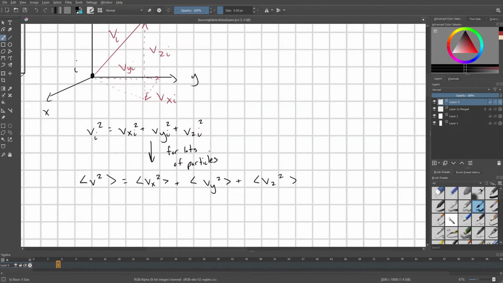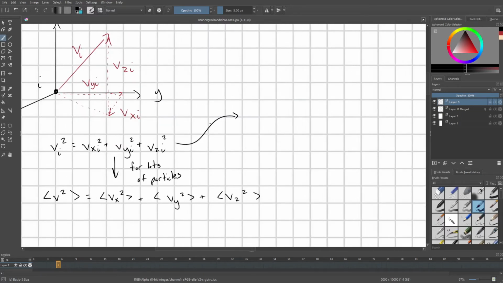If this seems like a big jump, we can do this a little more explicitly. We could divide this entire equation by n, and sum this up over n particles.